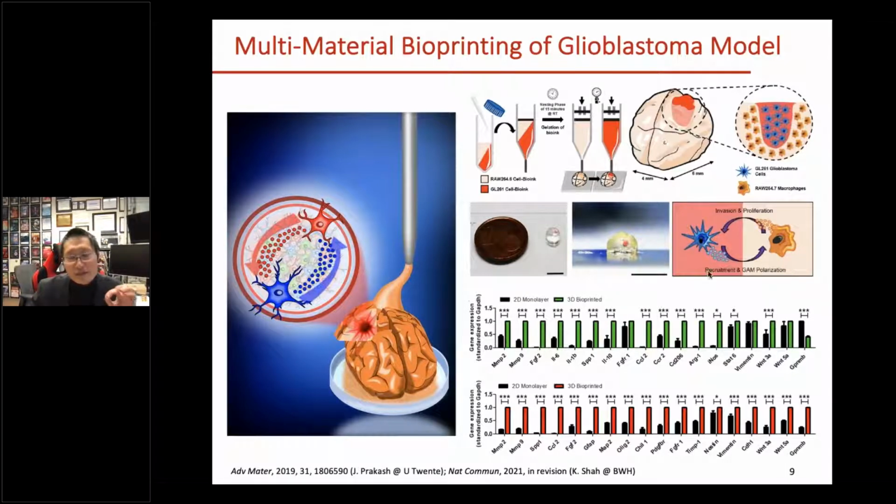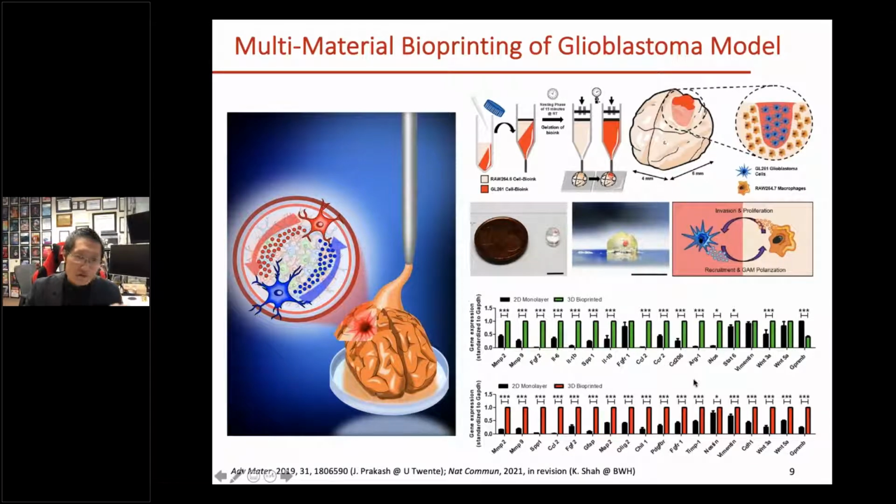Then into this mini brain model, you can print another little volume, a brain tumor volume. That allows the interactions of the brain tumor cells and surrounding macrophages or immune cells in this three-dimensional biomimetic microenvironment, right?